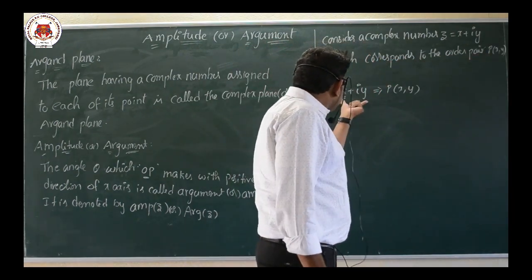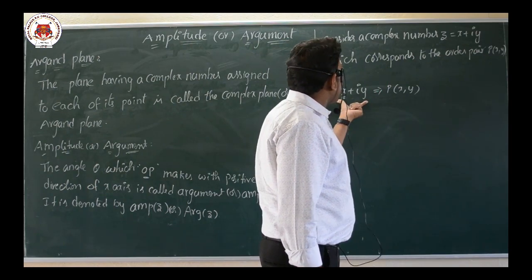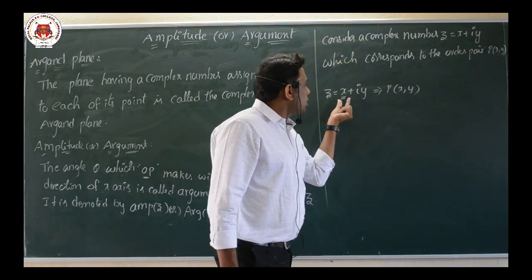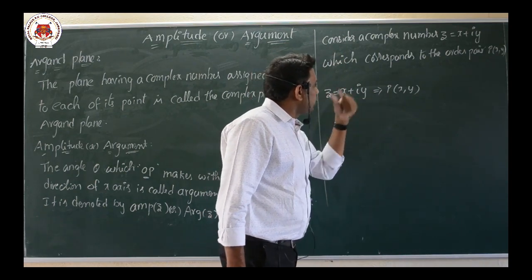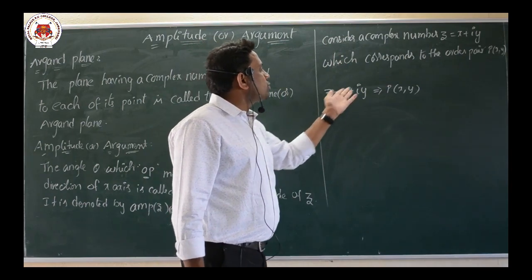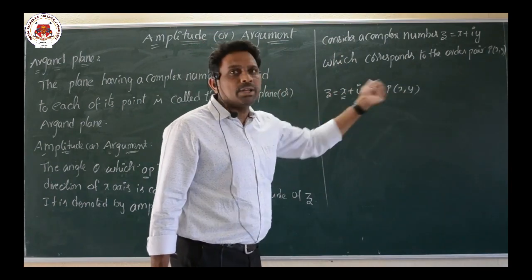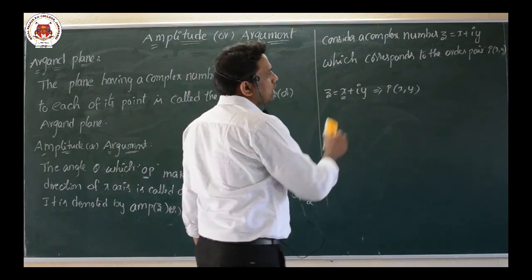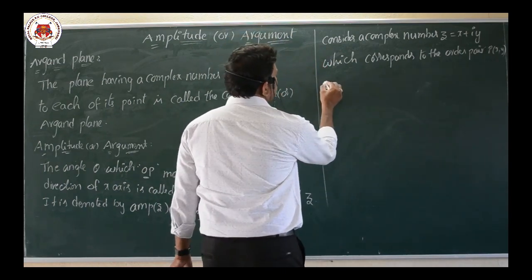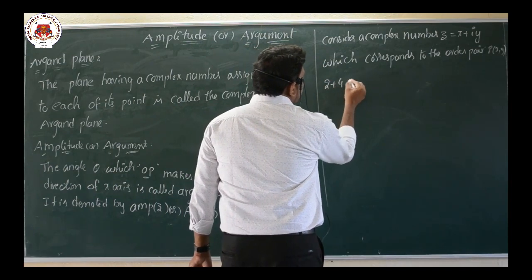This means we are converting the complex number into an ordered pair, in which first we must write the real part followed by the imaginary part. Whatever sign they have, if positive, put positive x, if negative, negative. This is called corresponds to the ordered pair. We will take some examples which we have in our textbook. Suppose 2 plus 4i is there.